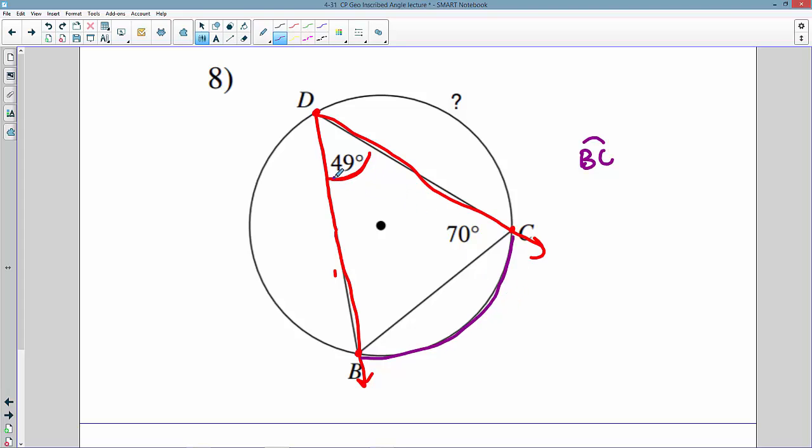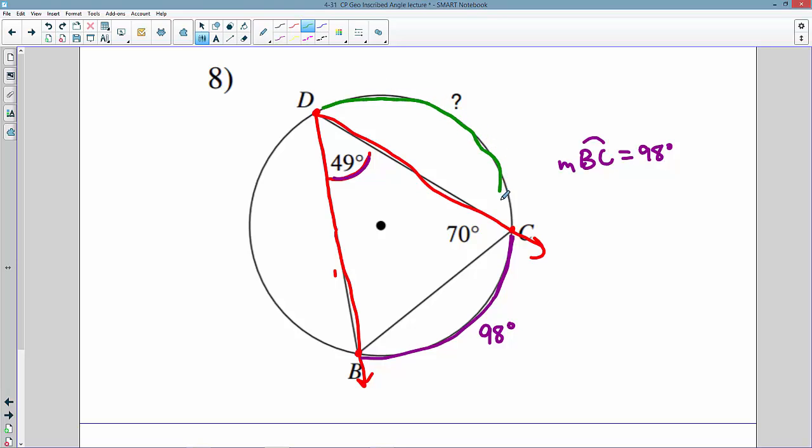If 49 degrees is half of some number, that number is going to be double 49. Doubling 49 makes this 98 degrees. So the measure of arc BC is equal to 98 degrees. Of course, that's not the arc they were asking us for. The arc they're asking us for is over here.